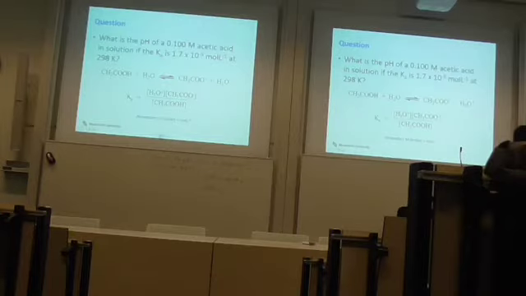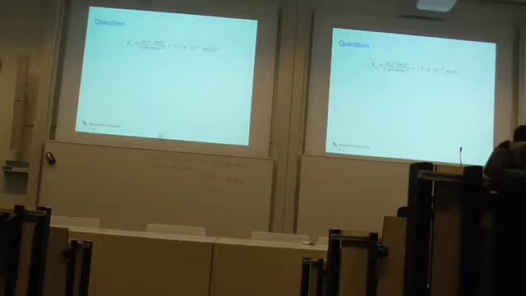Since these two numbers are going to be the same because of stoichiometry, we just write H3O plus squared over 0.1. We know that the Ka value is 1.7 times 10 to the minus 5. We solve for the H3O plus, which is just a matter of taking the 0.1 to the other side and finding the square root, and then you get the concentration of the H3O plus.